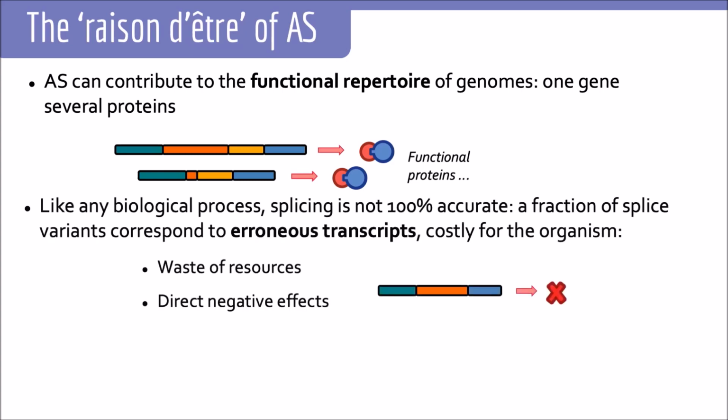However, this does not imply that all splice variants are functional, because splicing, like any biological process, is not 100% accurate. In fact, when you sequence a transcriptome, you detect splice variants, and a fraction of them correspond to errors of the splicing machinery.